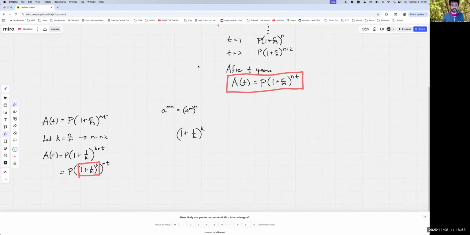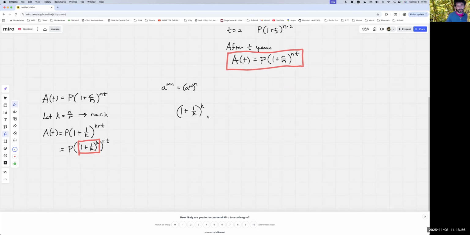And it turns out that as n gets larger, so the symbol I'll write is as n goes to infinity, the number of compounding periods grows. That will mean as n goes to infinity, k goes to infinity, because k is defined as just n over r.